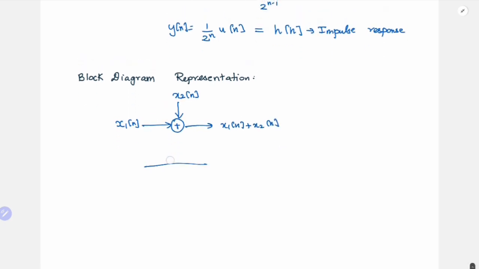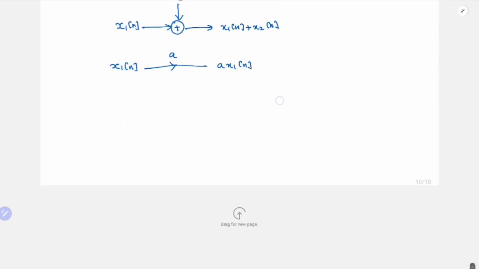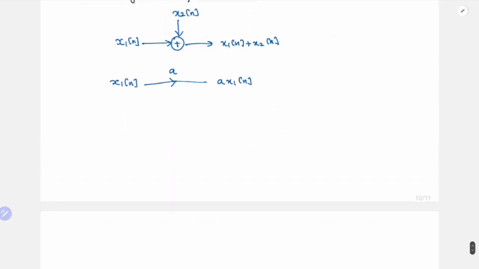And the second one is, let's say, multiplying with the coefficient. So you will get a x1 of n. Okay. And if you have to get x of n minus 1 from x of n, you just use this delay operation. So x of n minus 1.